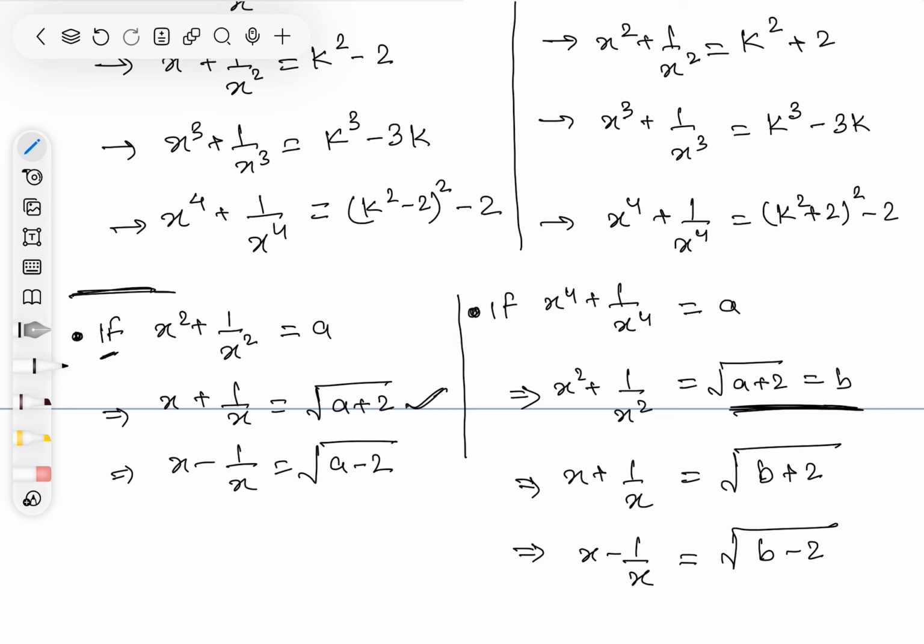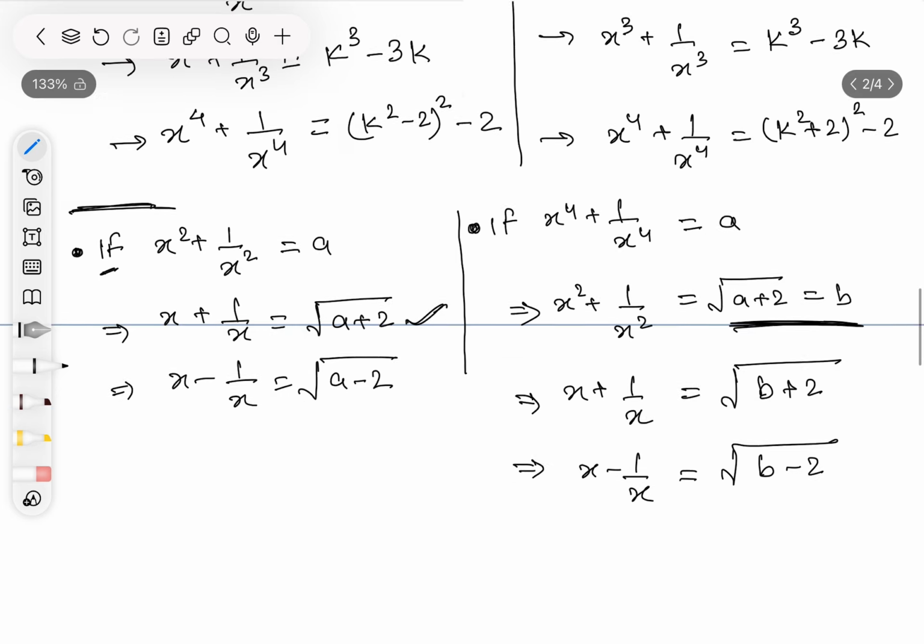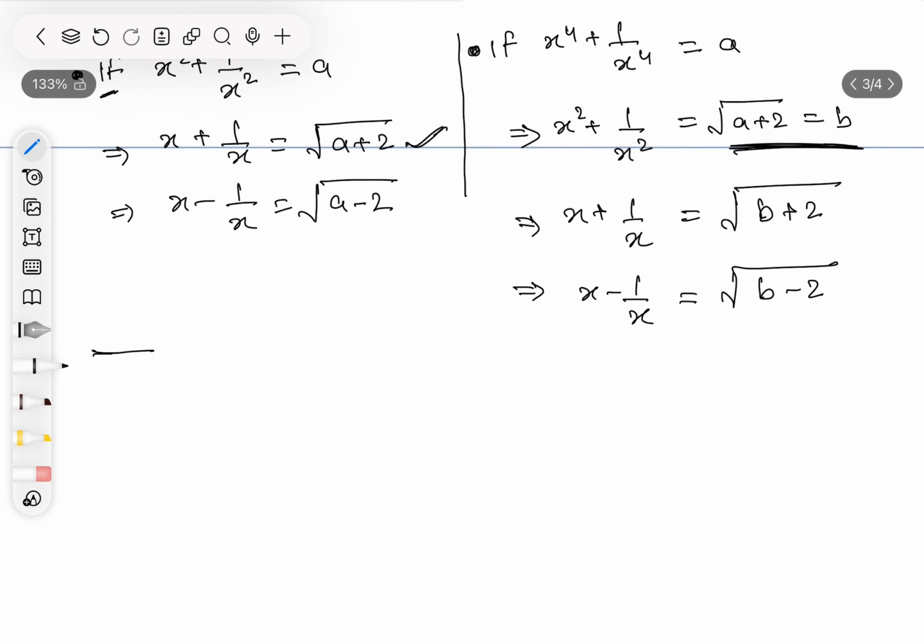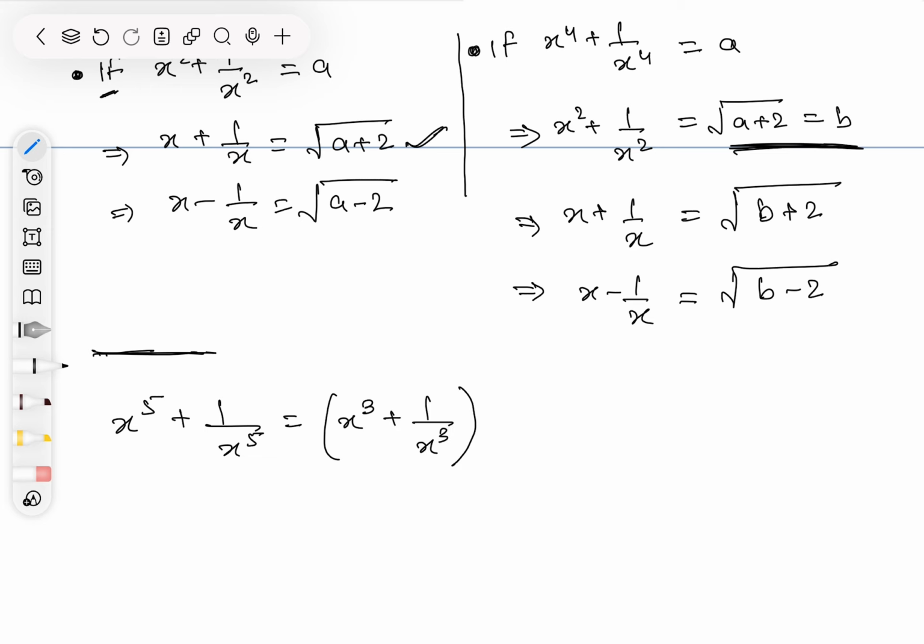So these are few things that you should know. One more formula I will give, then we will solve some questions. x to the power 5 plus 1 upon x to the power 5 can be written as x cube plus 1 upon x cube multiplied by x square plus 1 by x square minus x plus 1 by x.